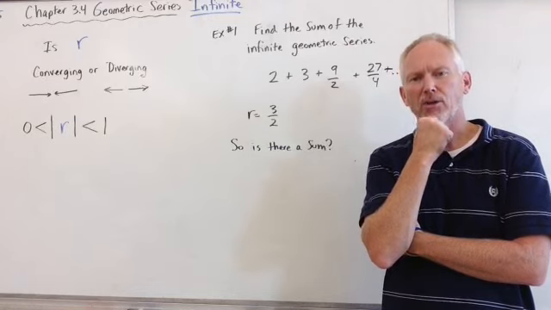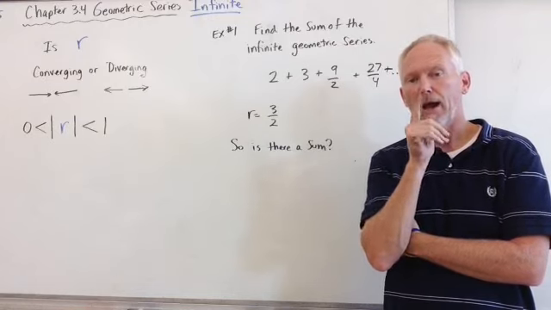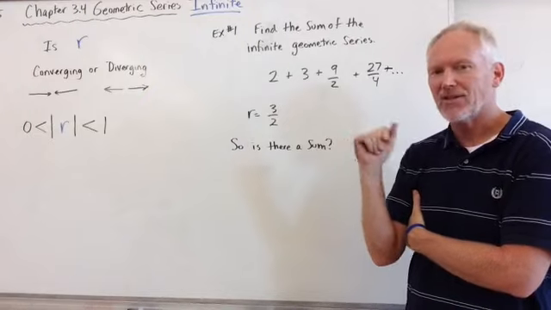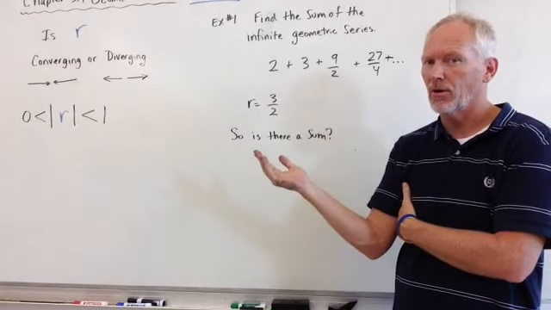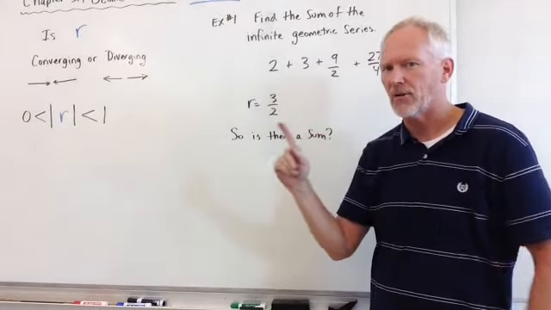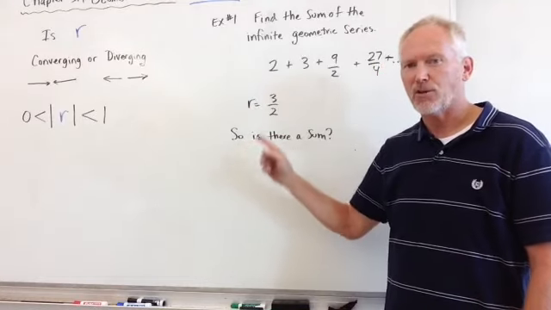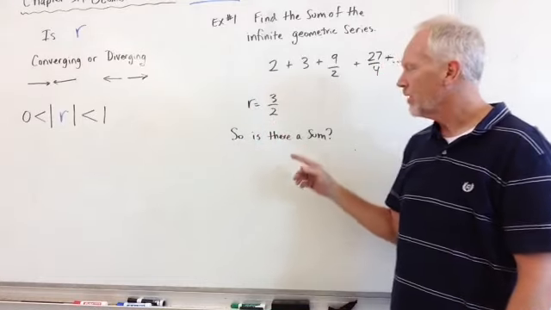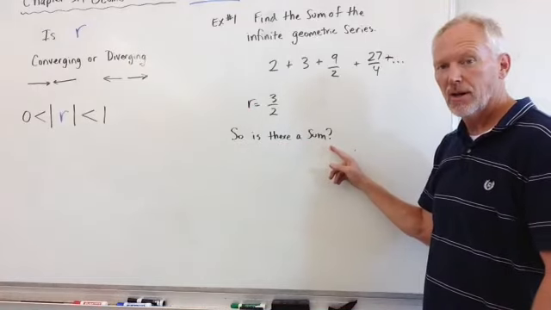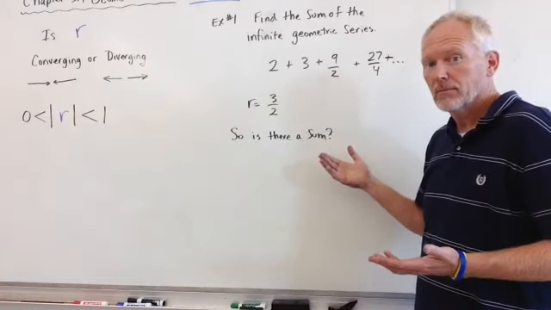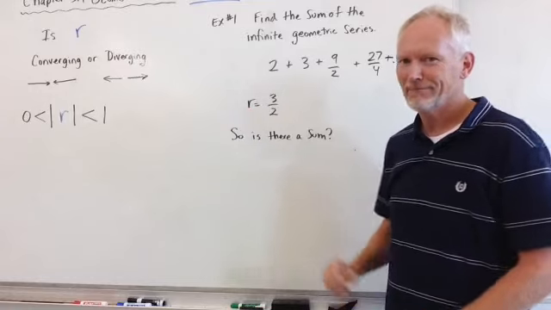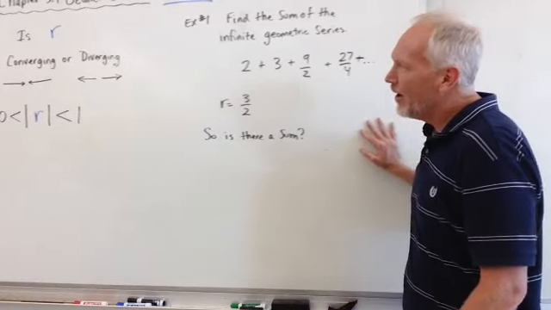Is that a fraction? Yes, it is. However, is it less than 1? We talked about earlier, don't be fooled by some of those fractions. If it is greater than 1, which it is, since 3 halves is 1 1/2, then there is no sum. No sum for you.